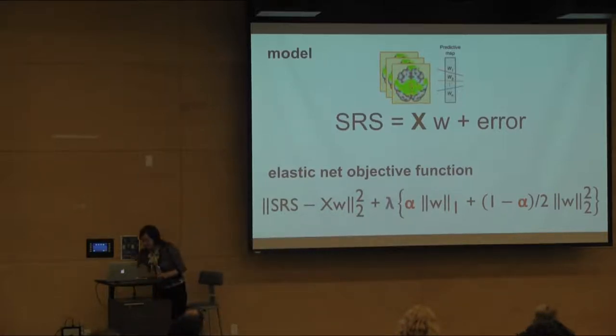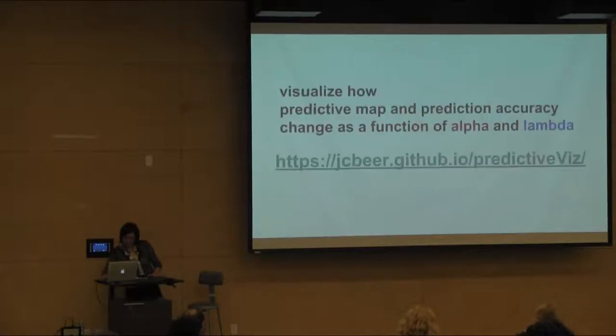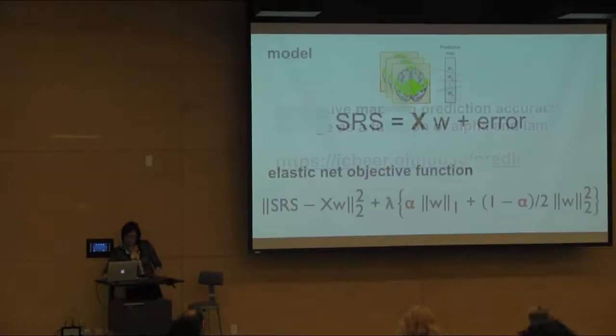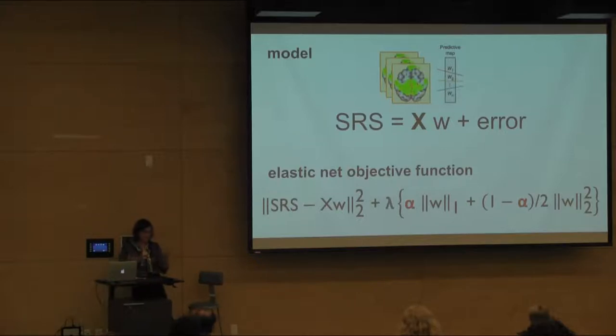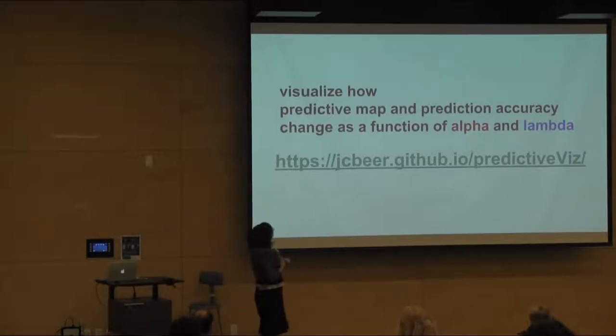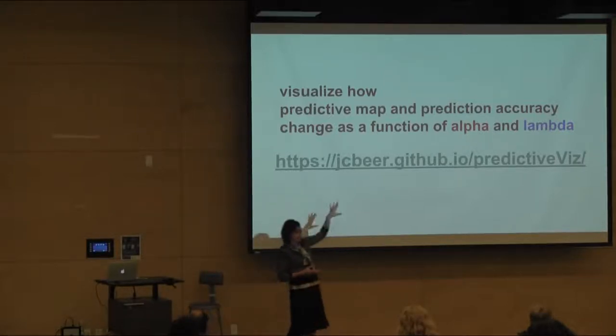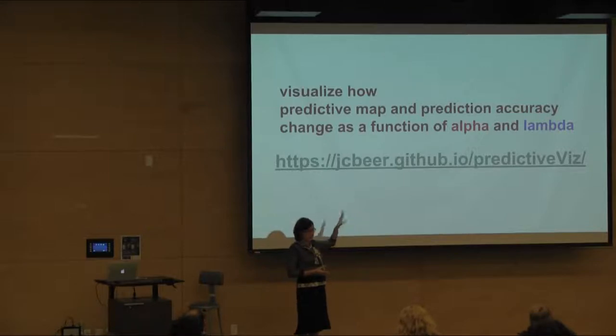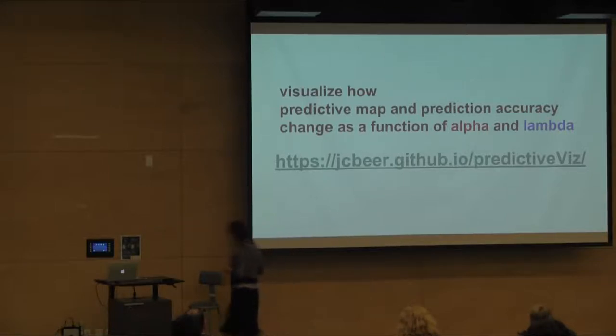So typically you cross-validate over a grid of values for those. But in this visualization, we're going to just visualize how the maps and the predicted values change based on those alpha and lambda.